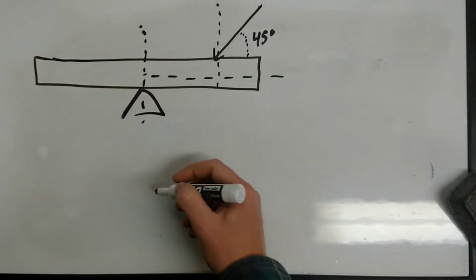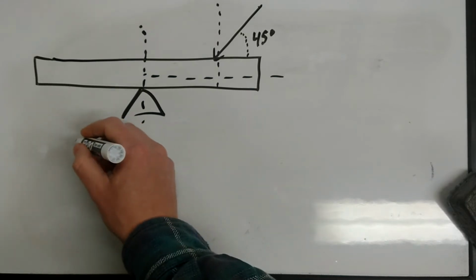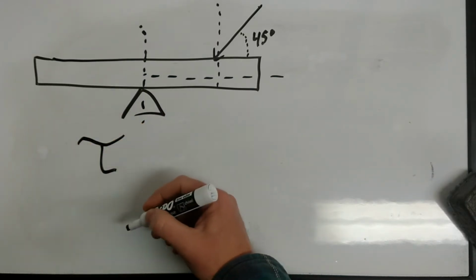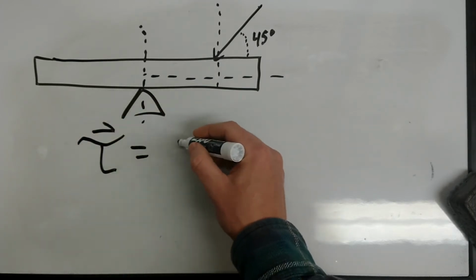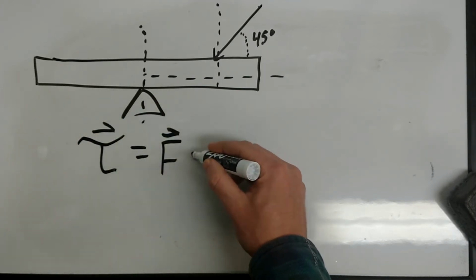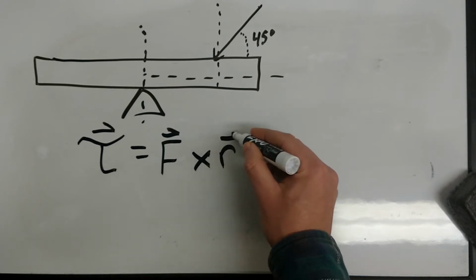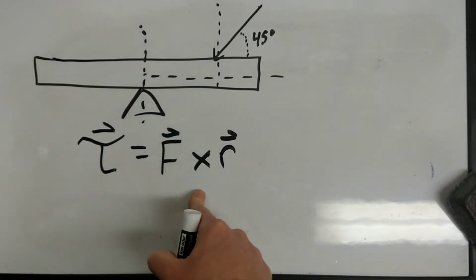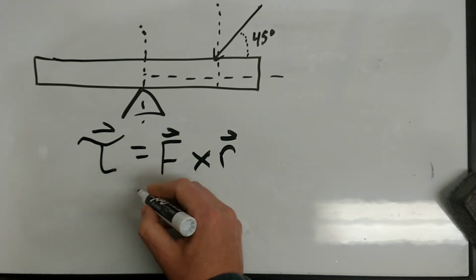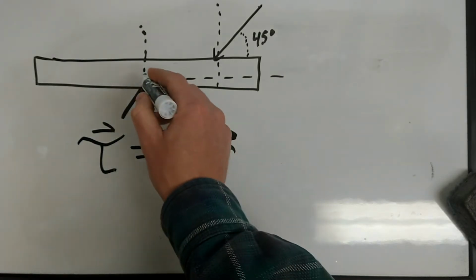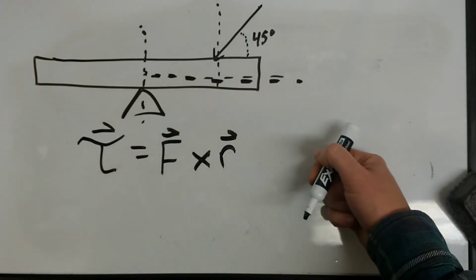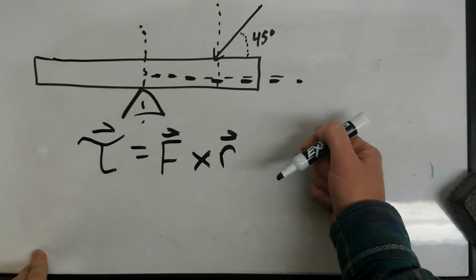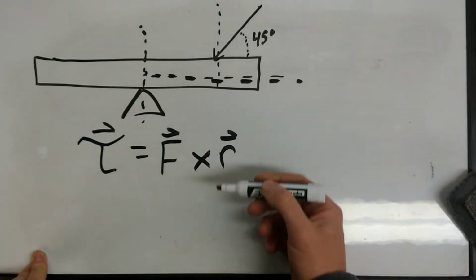So the torque here, now the way we write this is the torque, and torque, believe it or not, is a vector quantity. F cross R. This is not a multiplication symbol, it's a cross product. R represents the radial vector, the distance from the center, and F represents this vector.